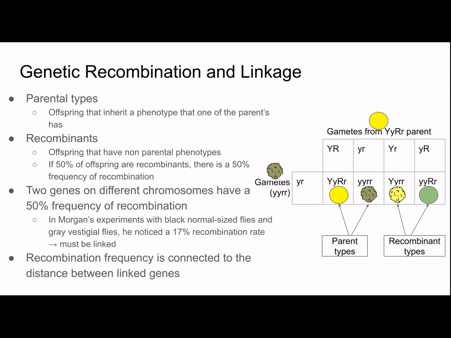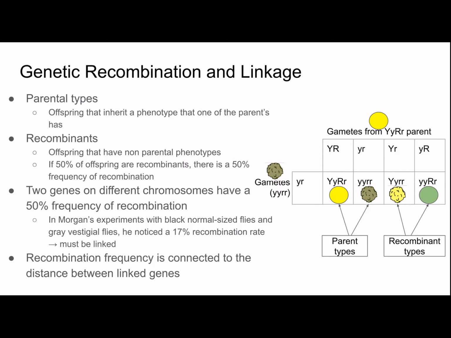Here's an example. We talked a lot about peas in the last video. Here's an example which shows what happens if they're not linked. We have a parent that has yellow pea color and a round shape, but is heterozygous for both of those traits, and then another parent that's homozygous recessive for both of those traits.